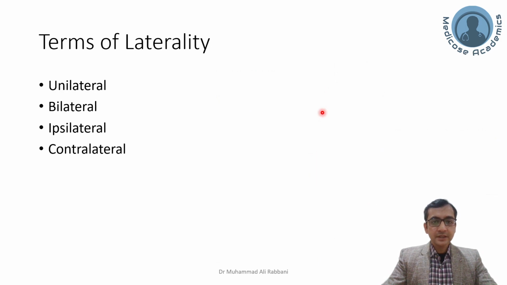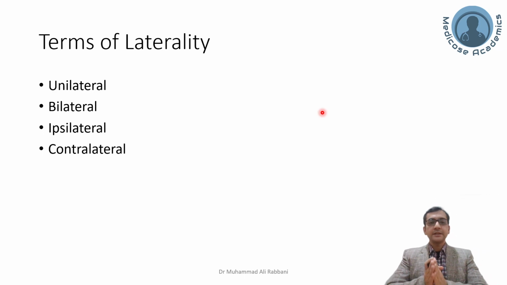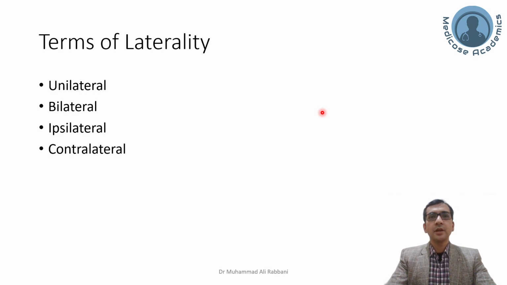So this brings us to most of the terms of position. Now, these terms of laterality, these are used when you are talking about usually more than one thing in comparison. These terms are unilateral, bilateral, ipsilateral, contralateral.